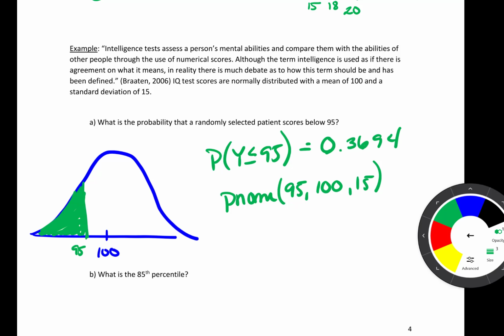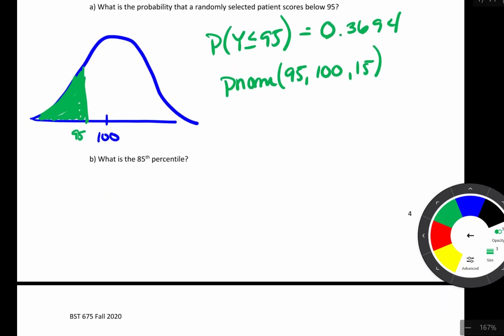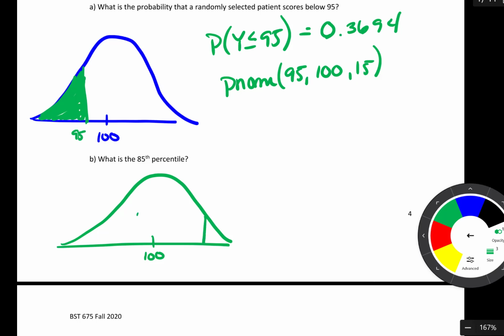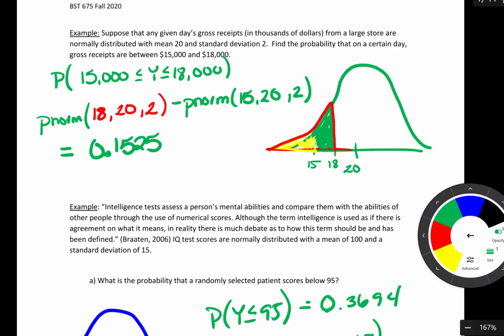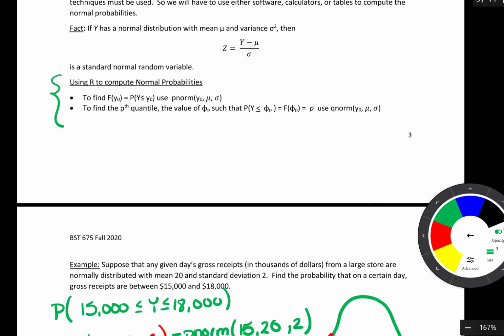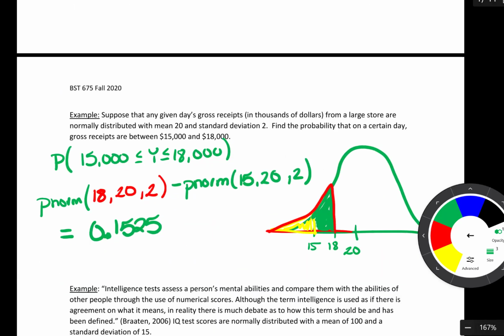Now we may also be interested in percentiles. So if I want to find the percentile here, what I'm saying is the opposite of what we had before. Instead of giving the endpoint that I'm interested in, what I'm saying is here the area under the curve is equal to 0.85, and I want to find this value right here. Well, if we go back up to our R code, notice the pth quantile function can help us out here.